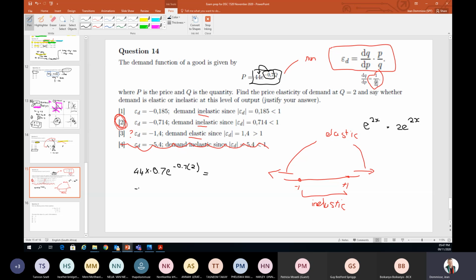Okay, so that would be minus 30.8 e to the power of minus 1.4.